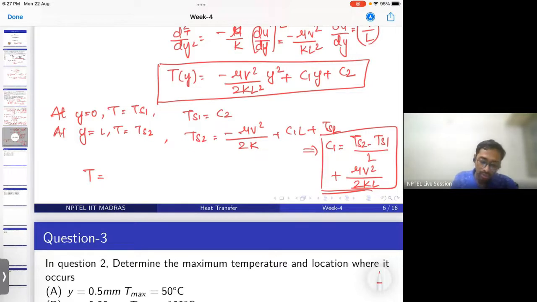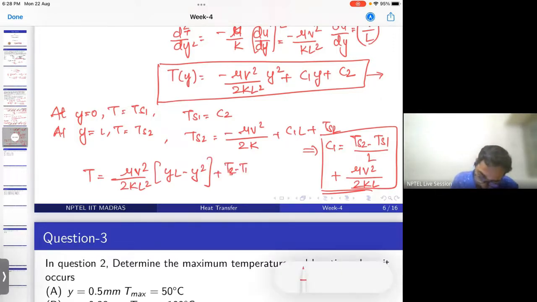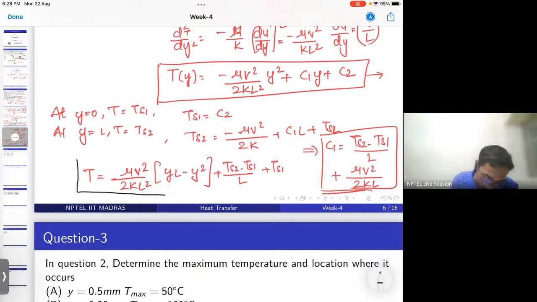So if you put c1 and c2 into this expression, you will get the final expression as mu V square by 2kL square times (yL minus y square) plus (Ts2 minus Ts1) by L times y plus Ts1.